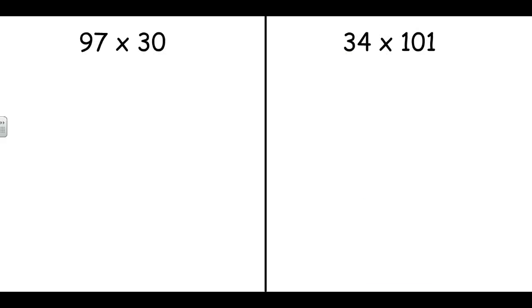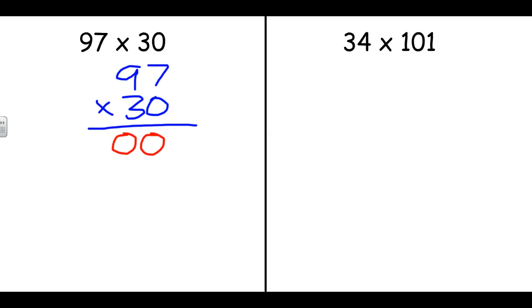97 times 30, we'll multiply 97 times 30. Now there are two ways we can approach this one. First, we could go through with the zeros for the ones place and multiply 7 times 0 is 0, 0 times 9 is 0. Then we have our second digit, which is the 3. That is actually a 30. So we have a placeholder 0. 3 times 7 is 21, plus 2.